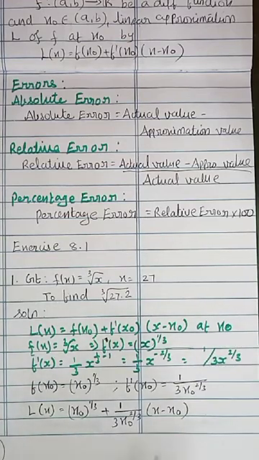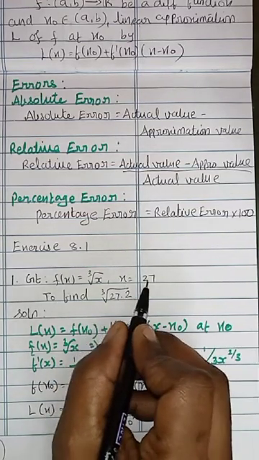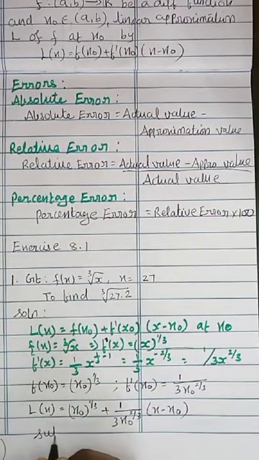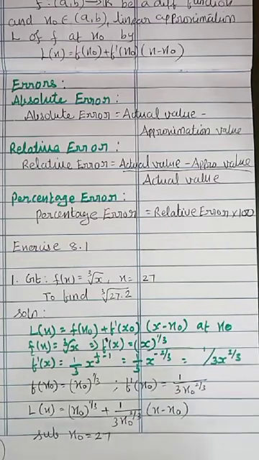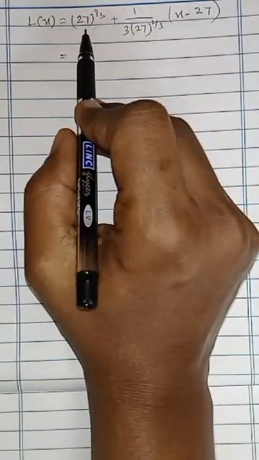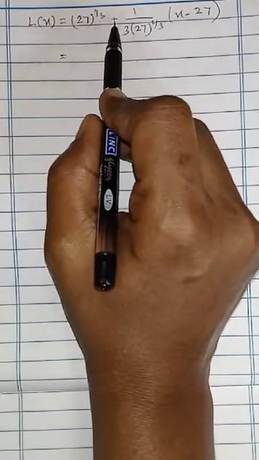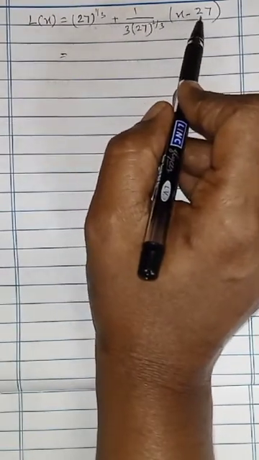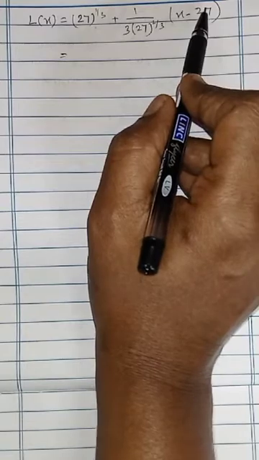Is that clear? Now, x naught, the value 27, is given in your question. So substitute x naught equal to 27. Instead of x naught, we substitute 27. So this will become 27 power 1 by 3 plus 1 by 3 of 27 power 2 by 3 into x minus x naught. X naught value is 27.